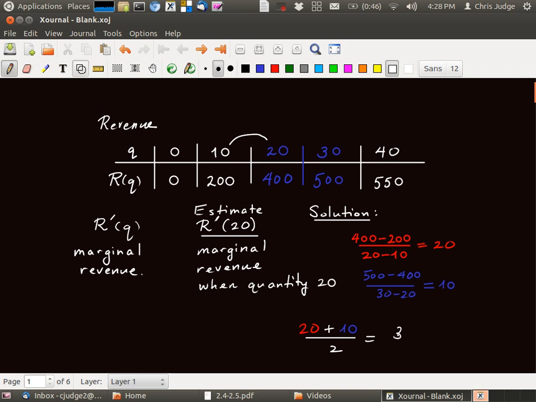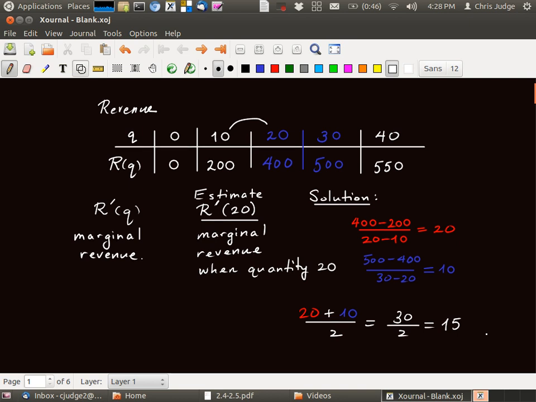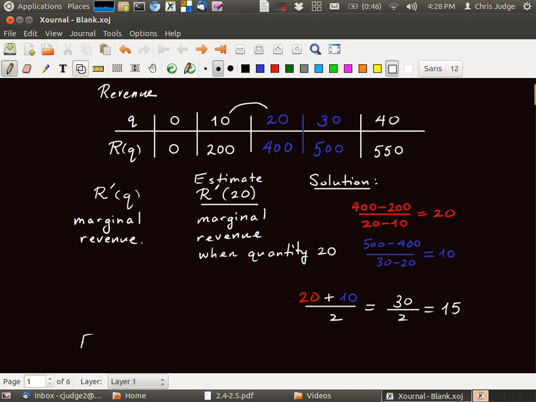So that'll be 30 divided by 2, which is equal to 15. So that gives me an estimate: the estimate of R prime of 20, or the marginal revenue when the quantity is 20, is equal to 15.